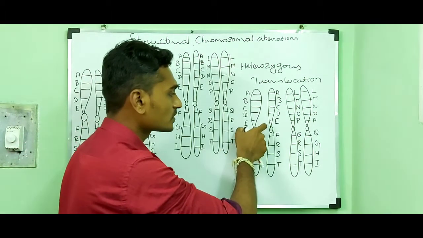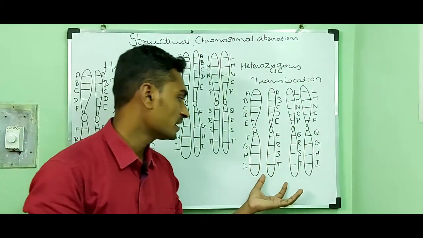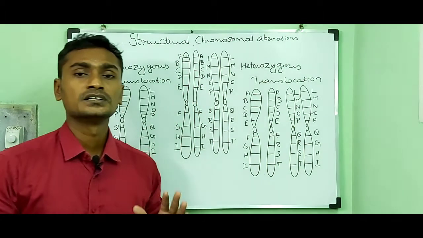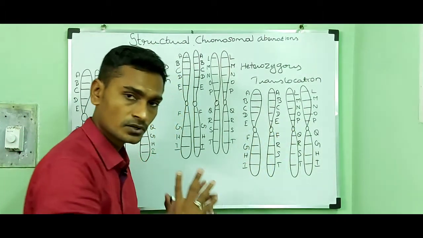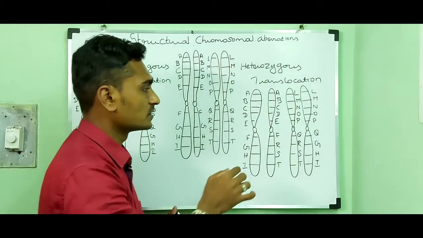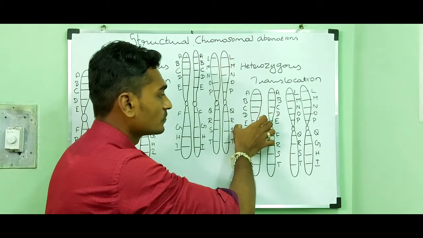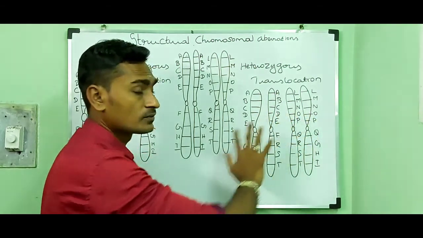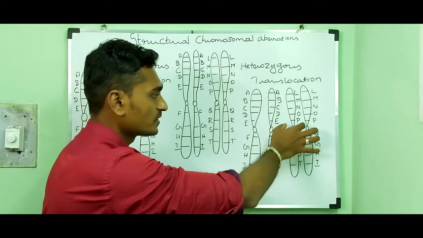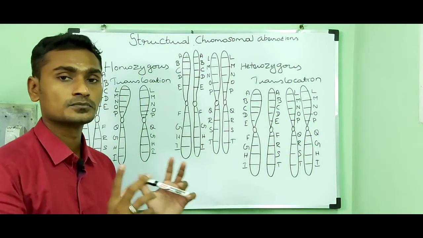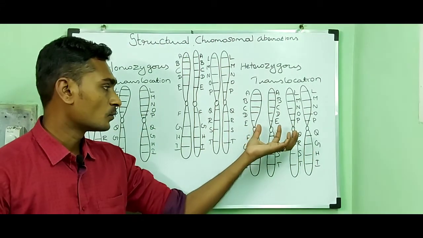Only one chromosome from each pair takes part in the translocation process, and the remaining chromosome is normal.